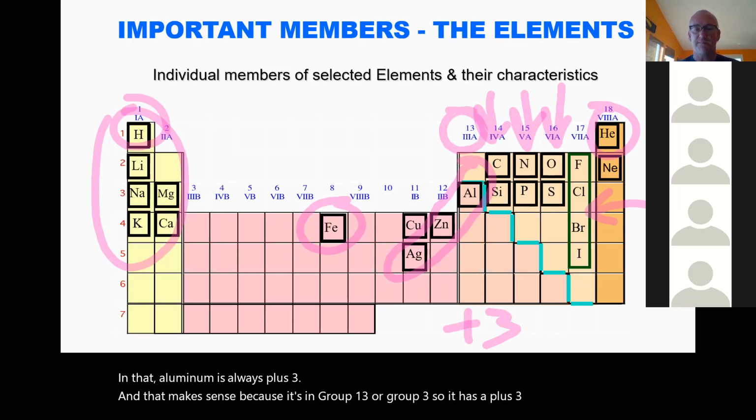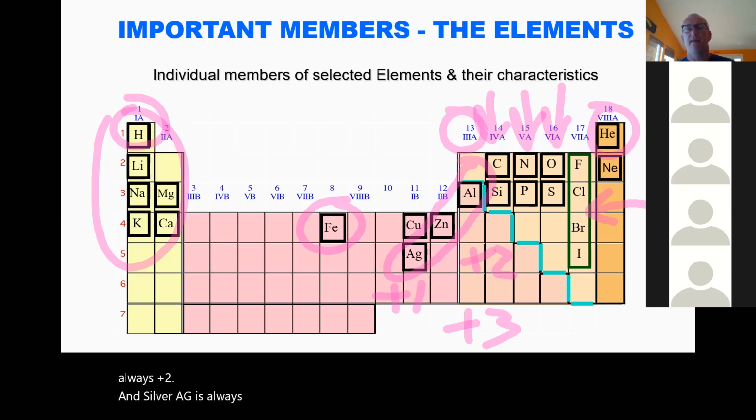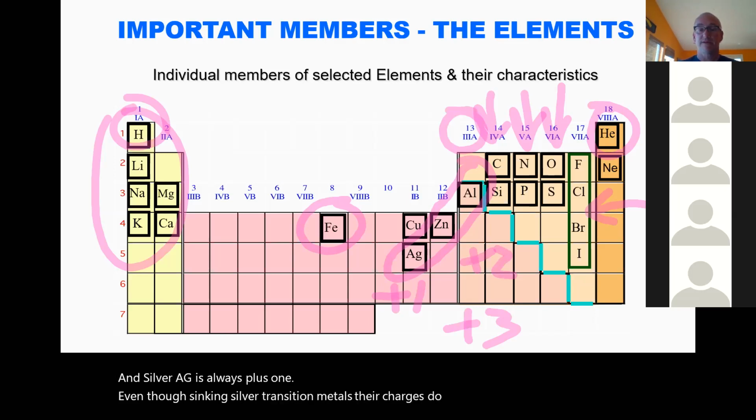Zinc is always +2, and silver, Ag, is always +1. Even though zinc and silver are transition metals, their charges do not vary.